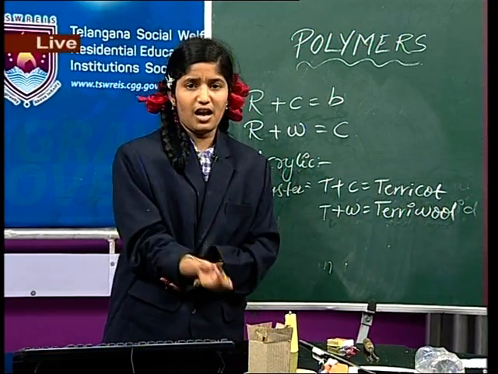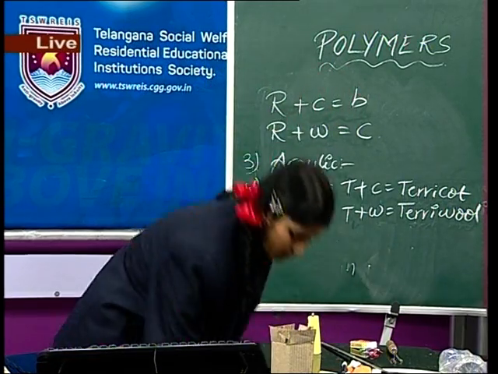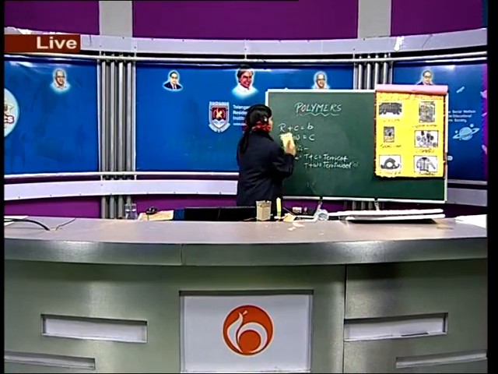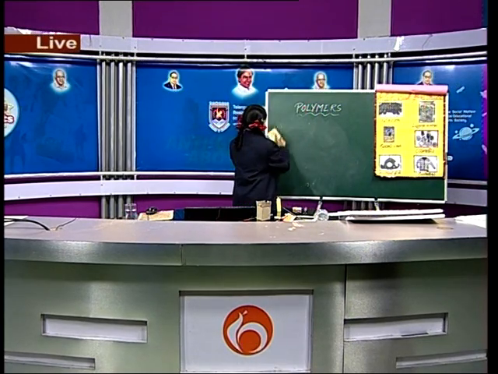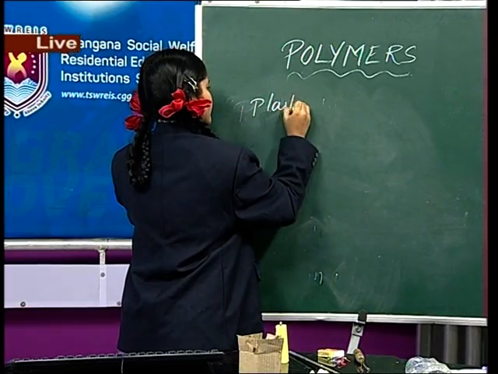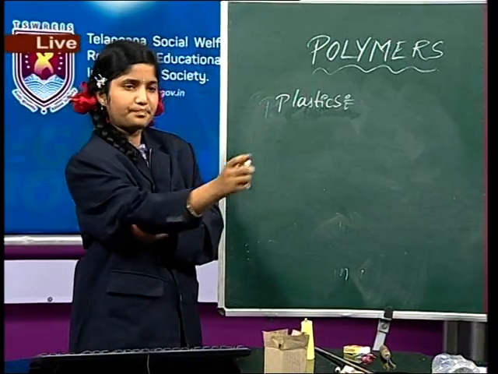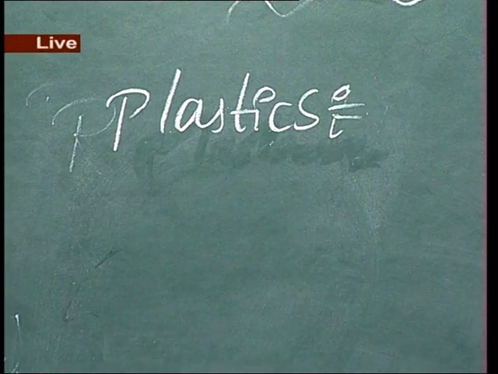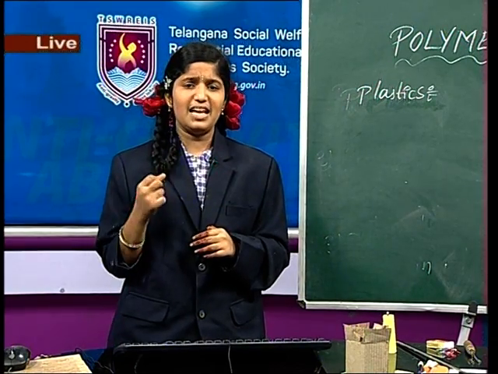Okay friends, now the next one is plastics. Plastic is also a polymer. In plastics there are two types.